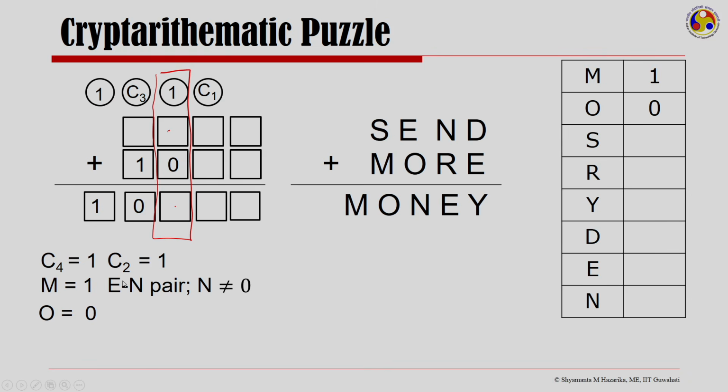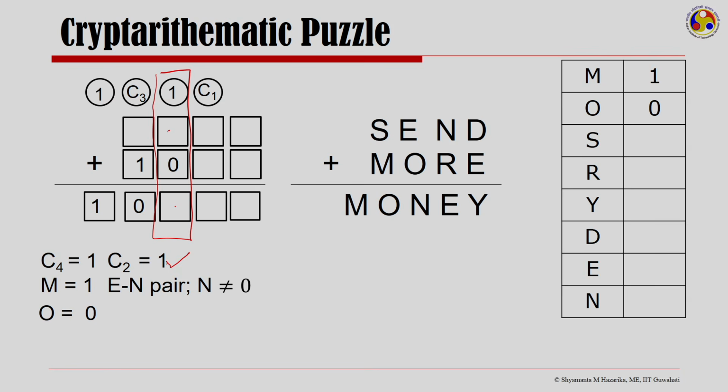The EN is a pair, and I should realize that N cannot be 0 even if EN is a pair, because 0 is already taken by O. For E to be different than N, C2 must be at least 1. Otherwise, if C2 is 0, E plus 0 is actually E, so E and N will be the same number. That gives me a very interesting realization that the carry forward C2 is 1.